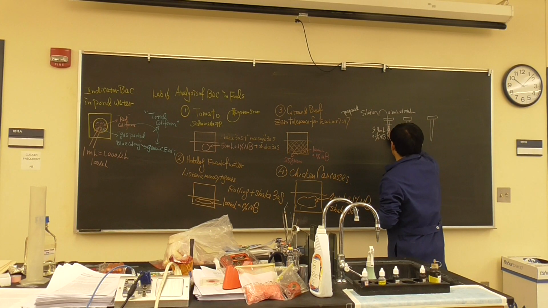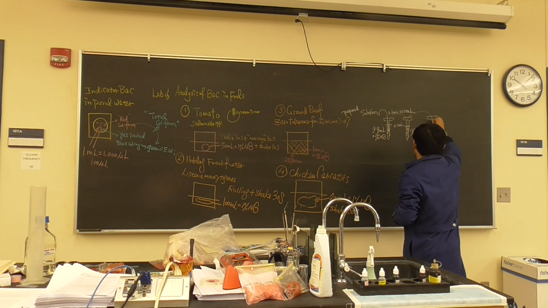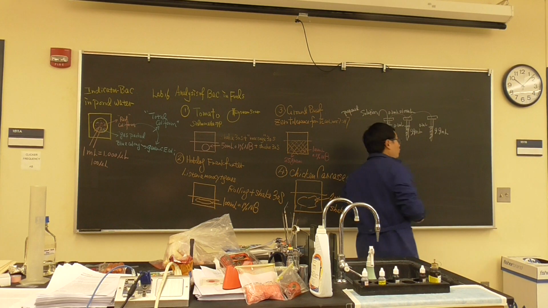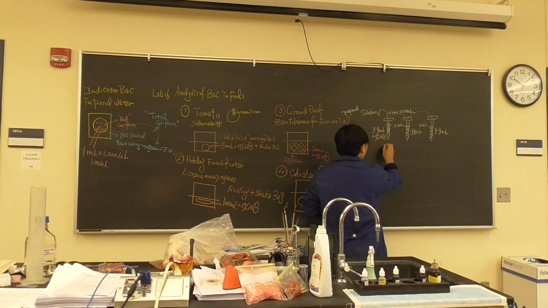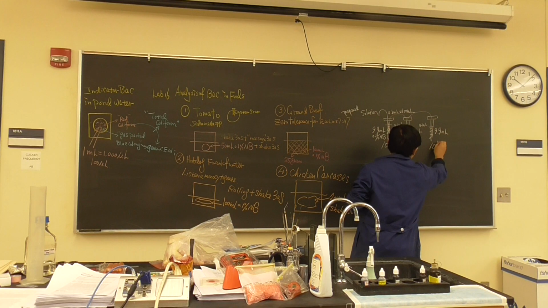Then we mix very well, add 0.1 ml, go to the second tube, also 9.9 ml. Then mix very well, go to the last one, 0.1 ml, also 9.9 ml. So what's the dilution factor of the tubes? 10 to the power of 2, 10 to the power of 4, and 10 to the power of 5.